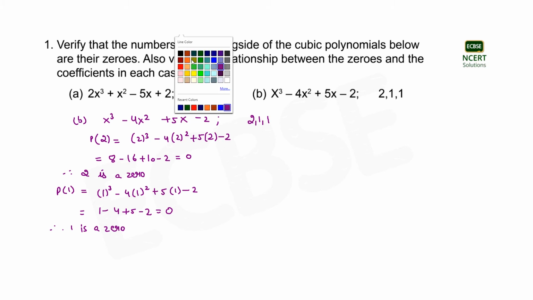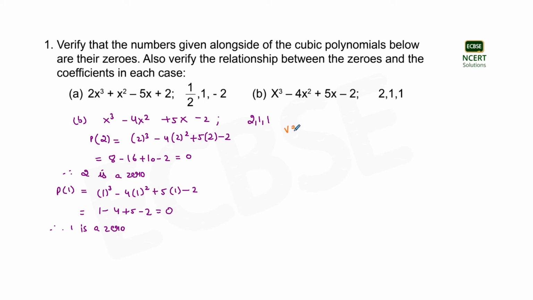Now coming to the verification part. For the verification part, first we will find the values of A, B, C, D, alpha, beta and gamma. The value of A is equal to 1, which is the coefficient of x cube.